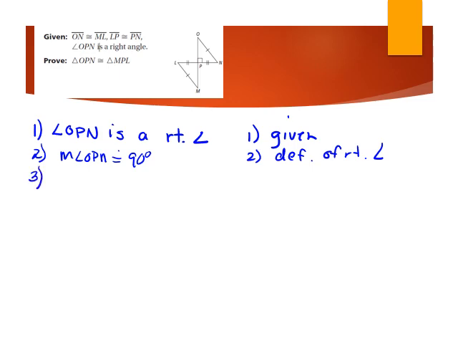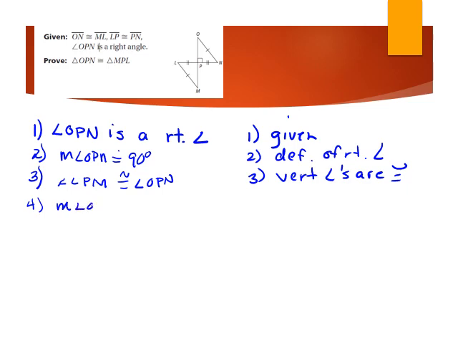And we know that angle LPM is congruent to angle OPN, because vertical angles are congruent. So that means their measures are equal. The measure of angle OPN is equal to the measure of LPM by definition of congruence.